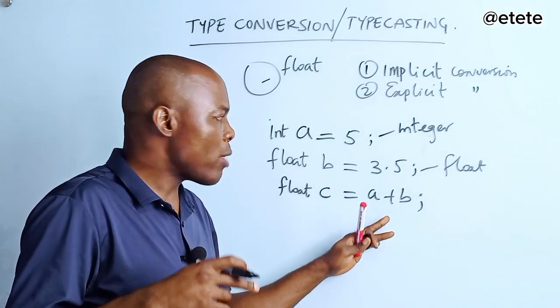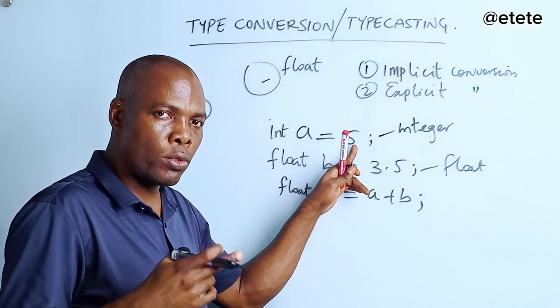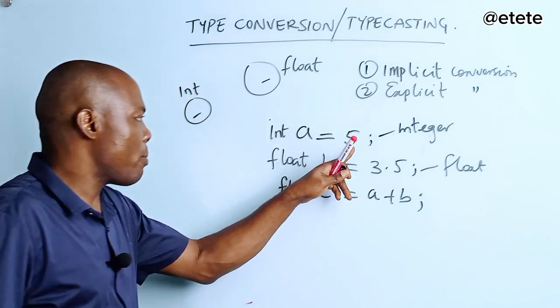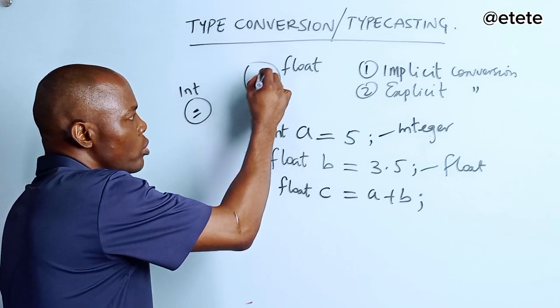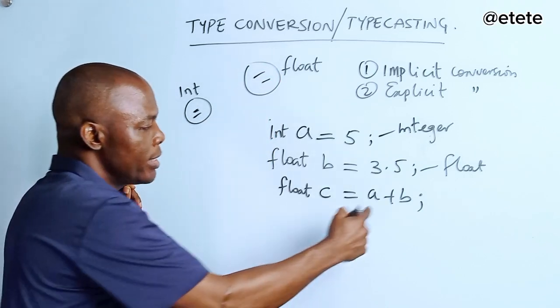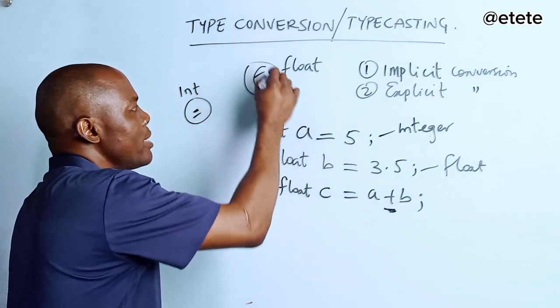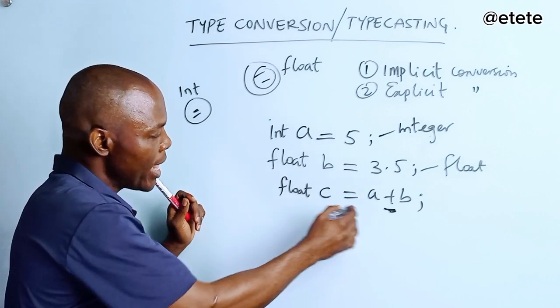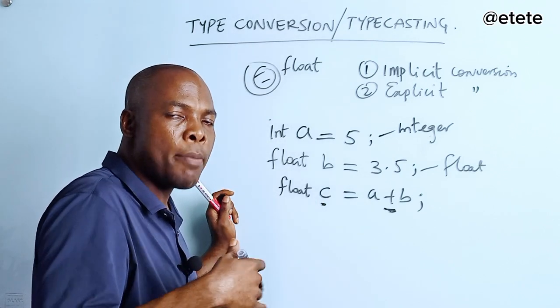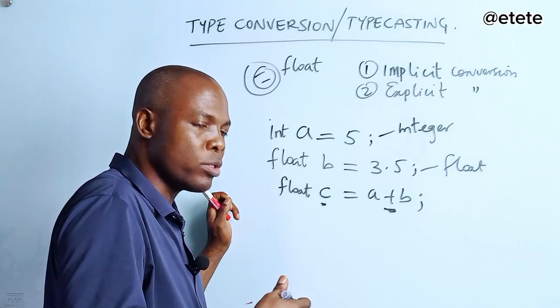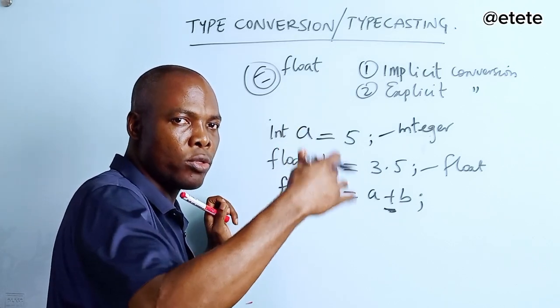So the compiler will promote this one to a float. Once the compiler promotes this to a float, it's no longer in the integer RAM. It will move it to this float RAM. Then this arithmetic can now take place inside the float RAM and then be assigned to this other one, right? So the compiler does that promotion automatically because you are promoting from a lower RAM to a higher RAM.